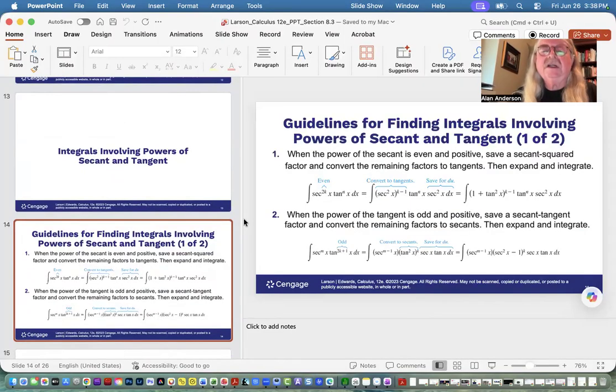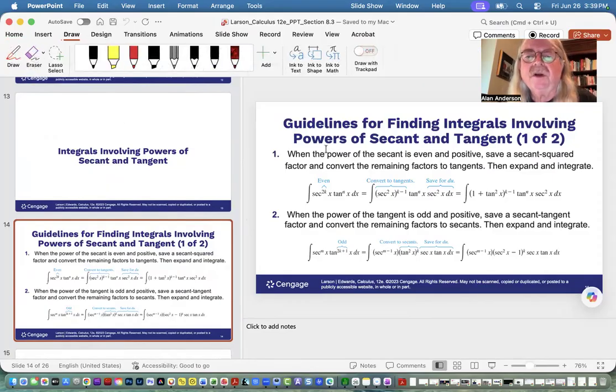All right, so now we're going to take a shot at one of these secant and tangent integrals. And the logic is basically the same. And even secant, but what's different here is that you're splitting off not secant x, but secant squared x.